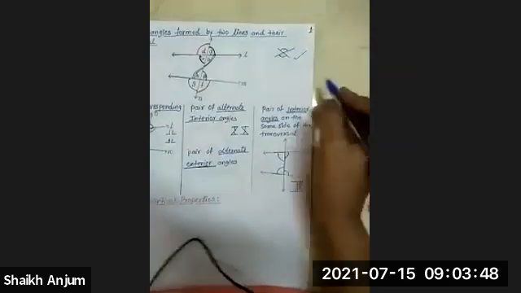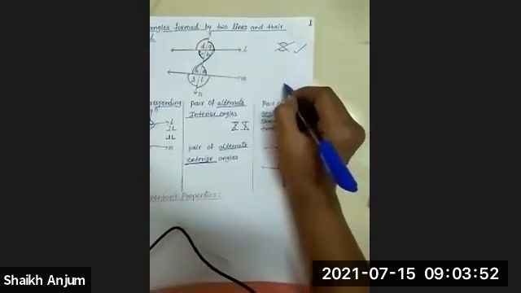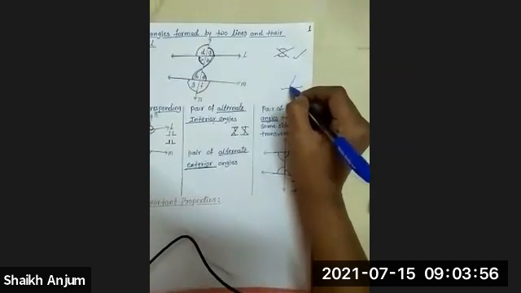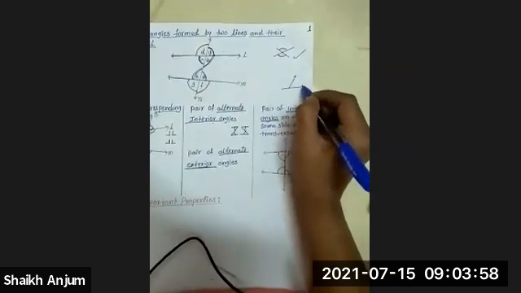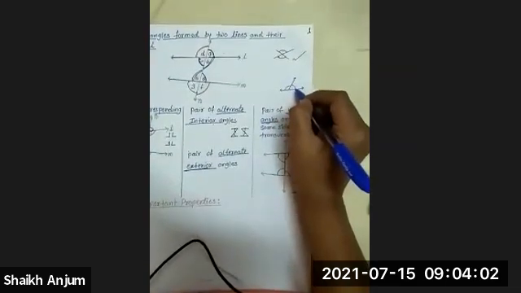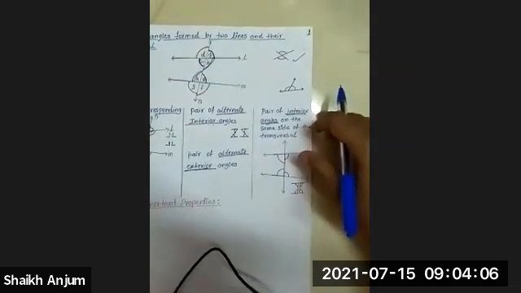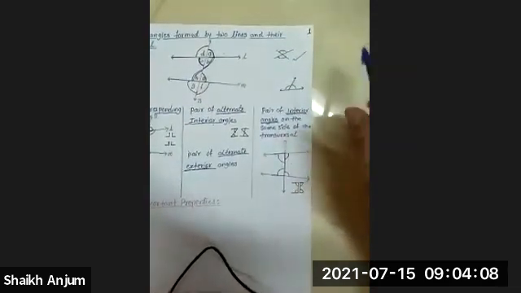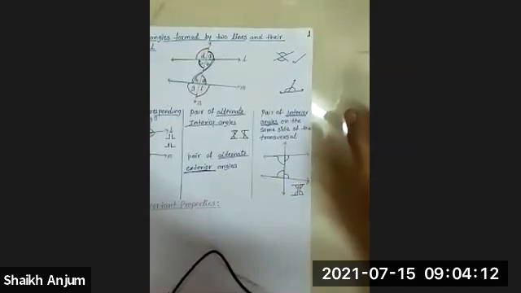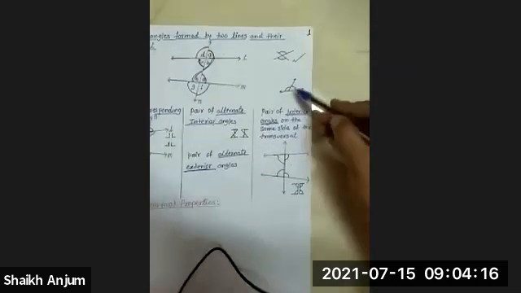Now one more property we have to use in the solution: when a line and another line intersect it, then this pair is a pair of linear angles. A pair of adjacent angles formed when two lines intersect.